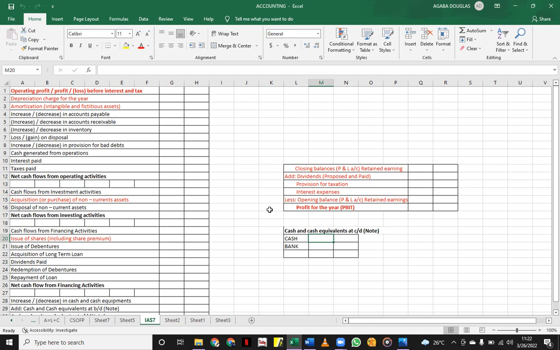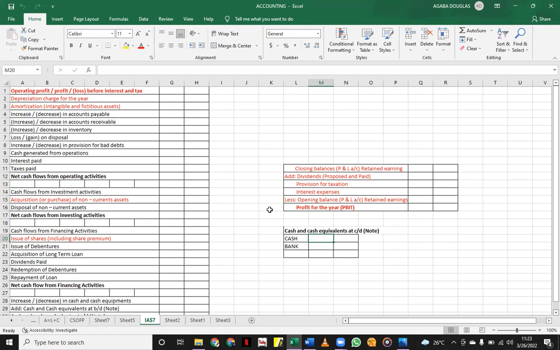Now, let me start with the non-cash items. There are cases of depreciation and amortization, which are non-cash, and we need to do workings for us to arrive at the depreciation charge for the year, and then we need to add it back.